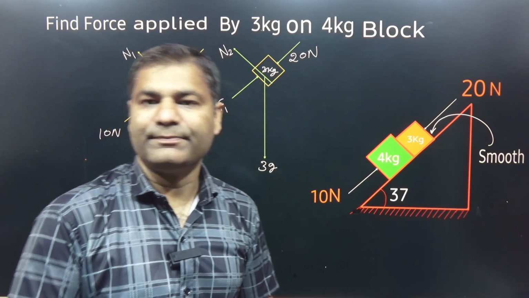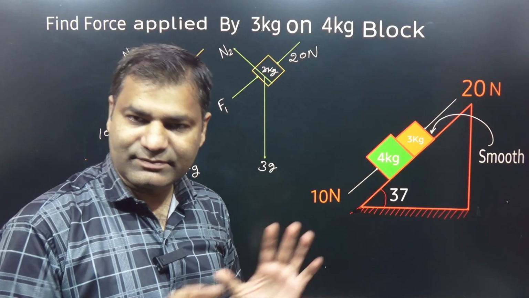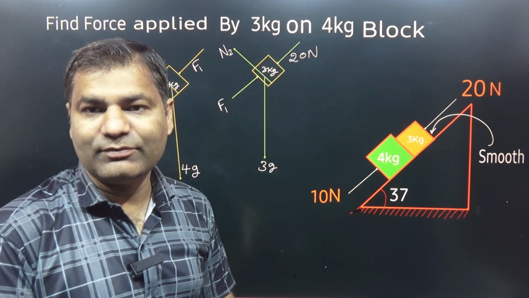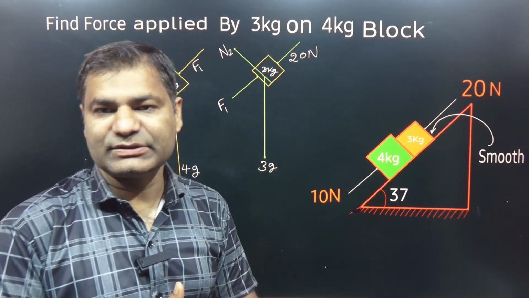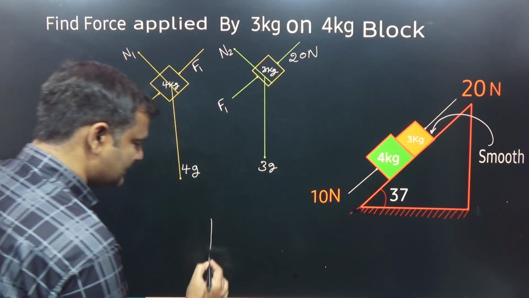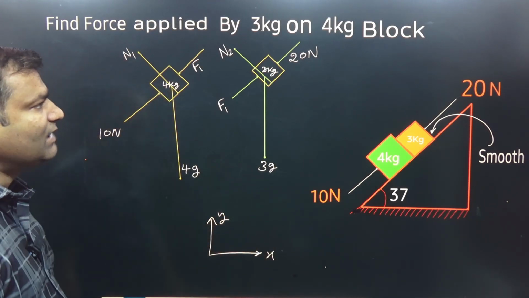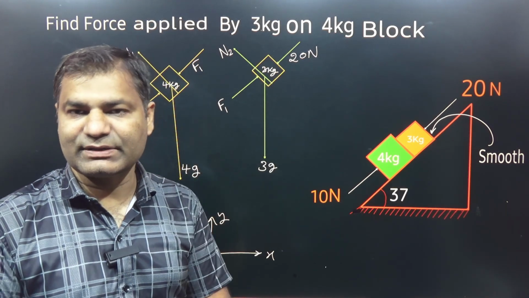Clear or not? After that, the next target. This body is moving along the incline. First of all, you can resolve all forces in the x and y directions. But if you see carefully, no force lies along the usual small x and y directions.